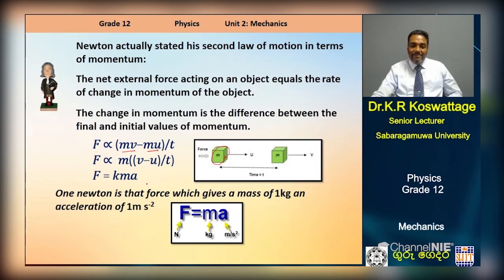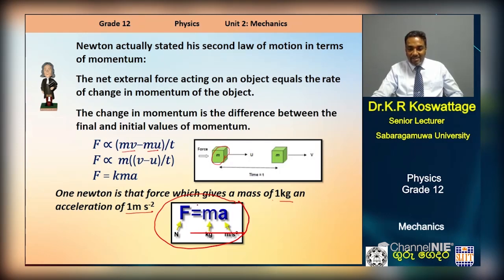Here we consider the definition of the Newton: 1 Newton is that force which gives a mass of 1 kilogram an acceleration of 1 m s^-2. So here we go with this famous equation, F equals ma. We derived it from the idea of momentum: the net external force acting on an object equals the rate of change in momentum of the object.